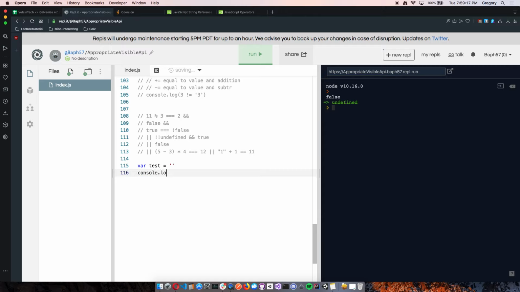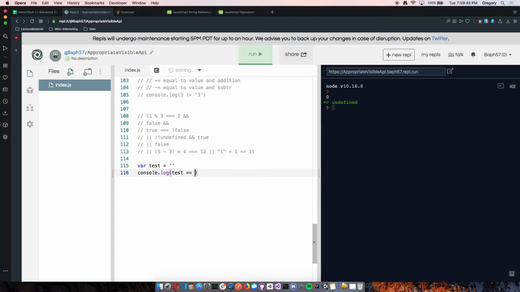And then we do console.log test.length. We'll get 0, but I'm able to do operations on it because it exists. It's there. It doesn't hold any value that we find necessarily pertinent, but it's still considered a value. The value is just null under the hood.